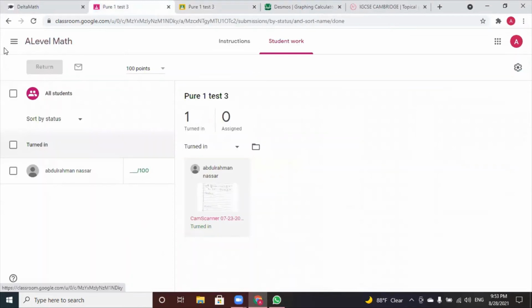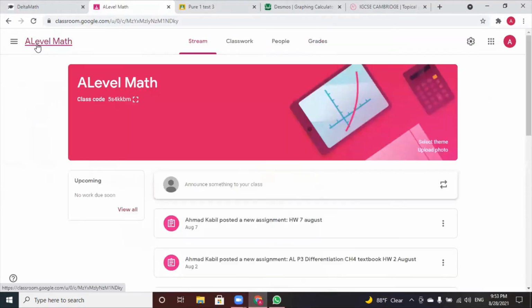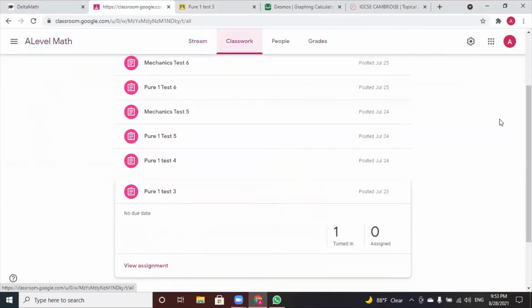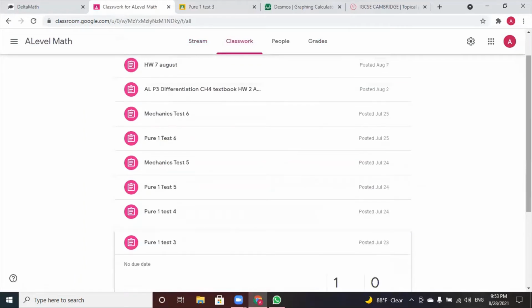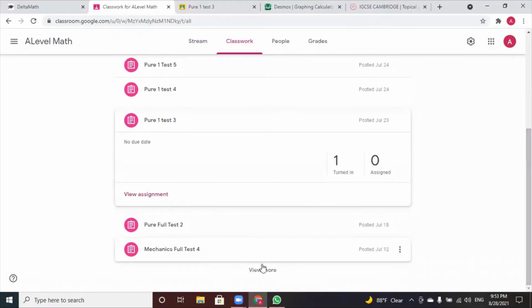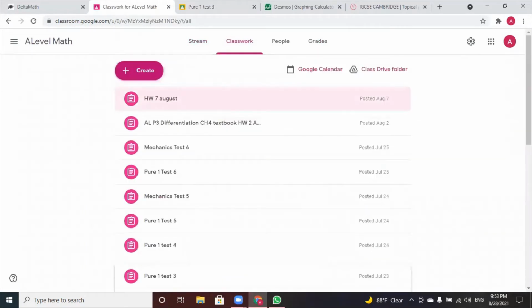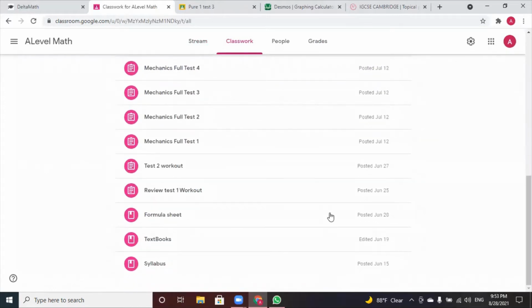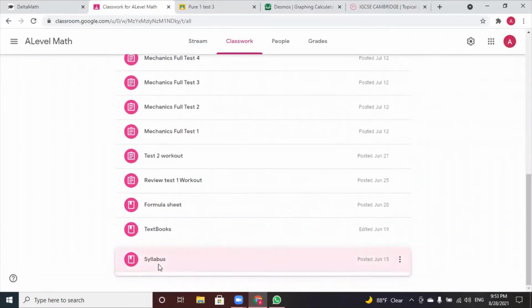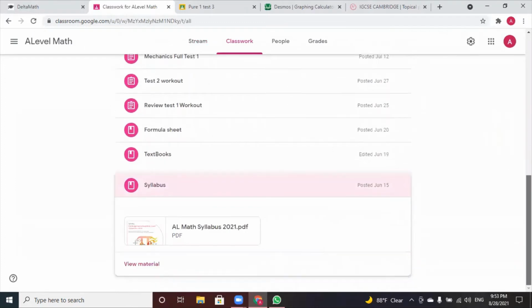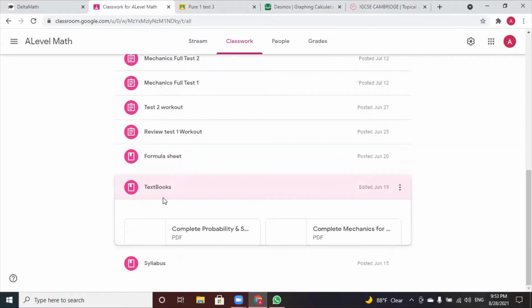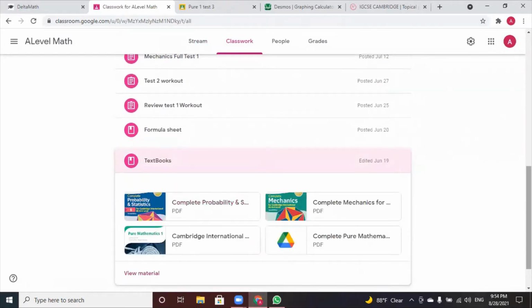Another way I use Google Classroom is to post material. So let's take a look. I have the syllabus here of the A-level course for this year. This is the syllabus for the 2021 exam, as well as the textbooks that we are going to use for the A-level math.